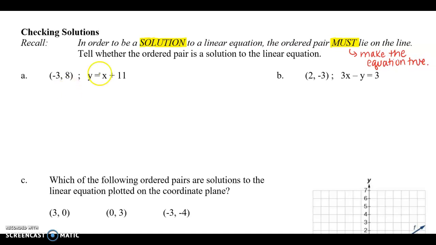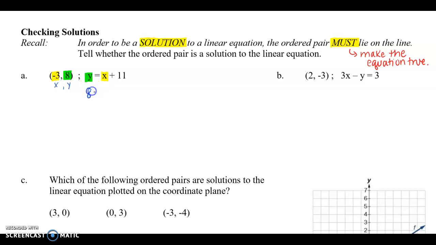Okay, so if we're looking over here at the first example, -3, 8 is x comma y, our ordered pair, and all we're going to do is plug in -3 for x and 8 for y. So I'm going to replace x with -3, I'm going to replace y with 8, and I'm going to see if that makes this equation true.